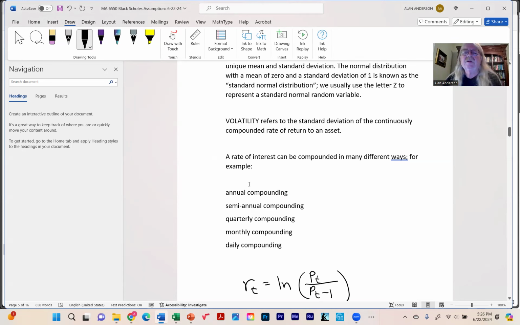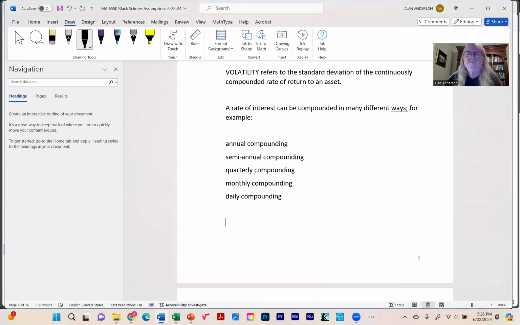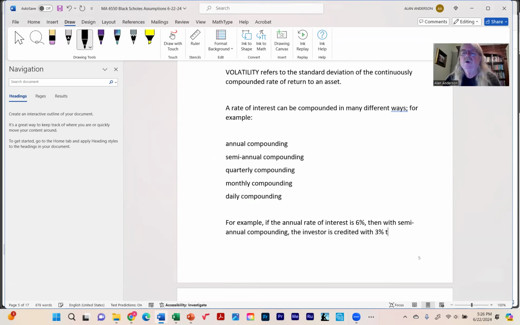So, for example, if the annual rate of interest is 6%, then with semi-annual compounding, the investor is credited with 3% twice each year.